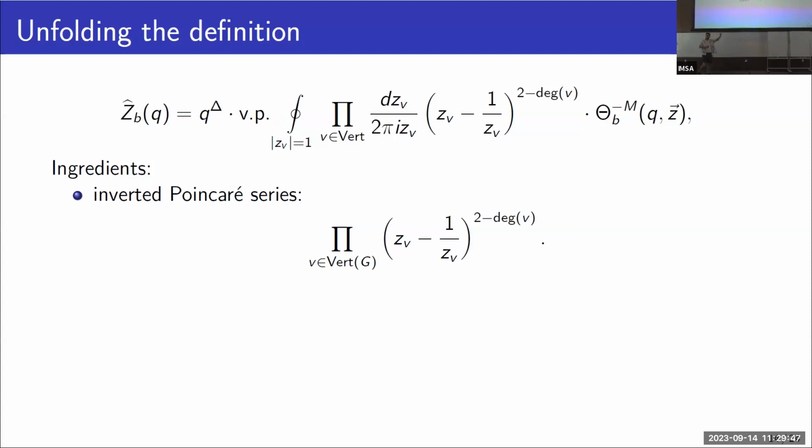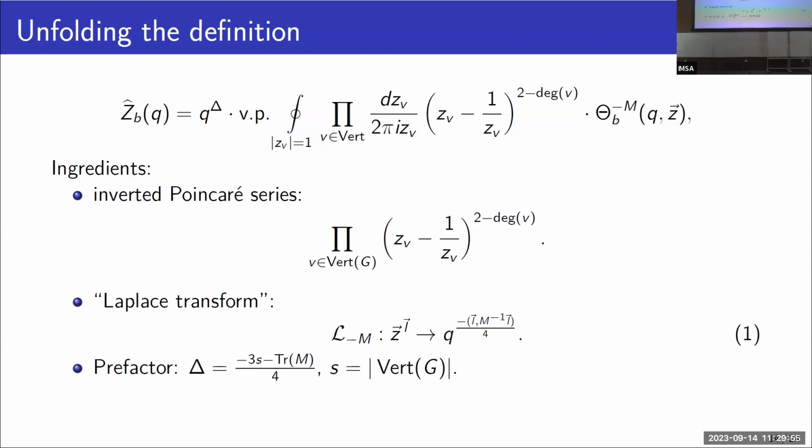When you have degree minus 2, it's the usual Poincaré series of some graded ring. But here it's kind of inverted, it's one over the Poincaré series. The second important ingredient is the coupling with the theta function via this integral.